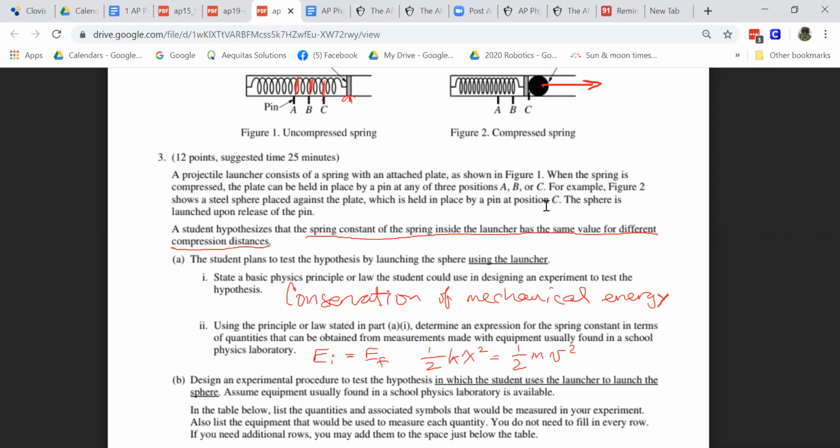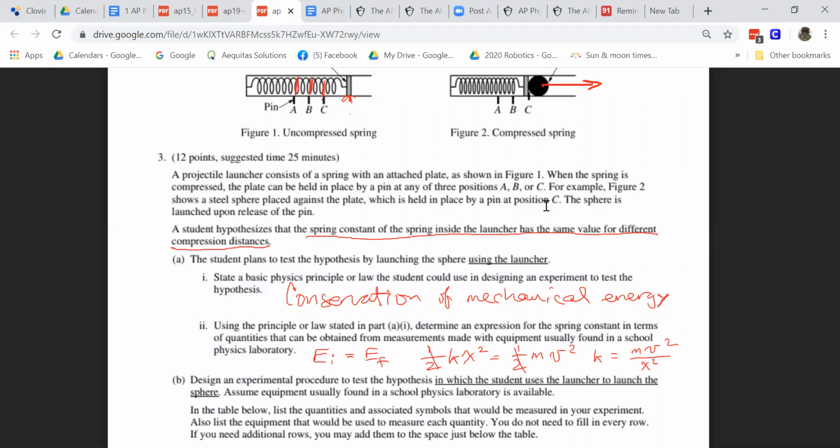So if we solve this for K, notice that the 1/2 goes away. And so we can say K will be equal to mv squared over x squared. Now x is either going to be c, b, or a.